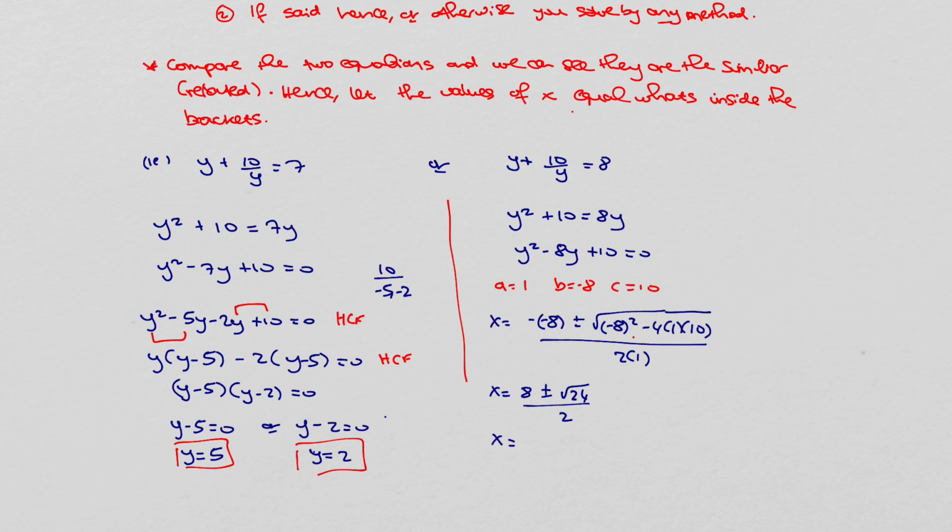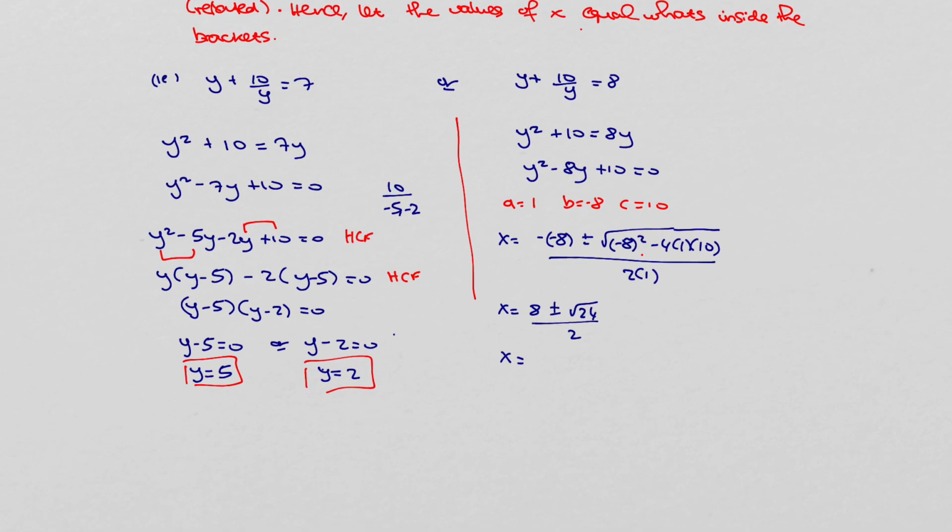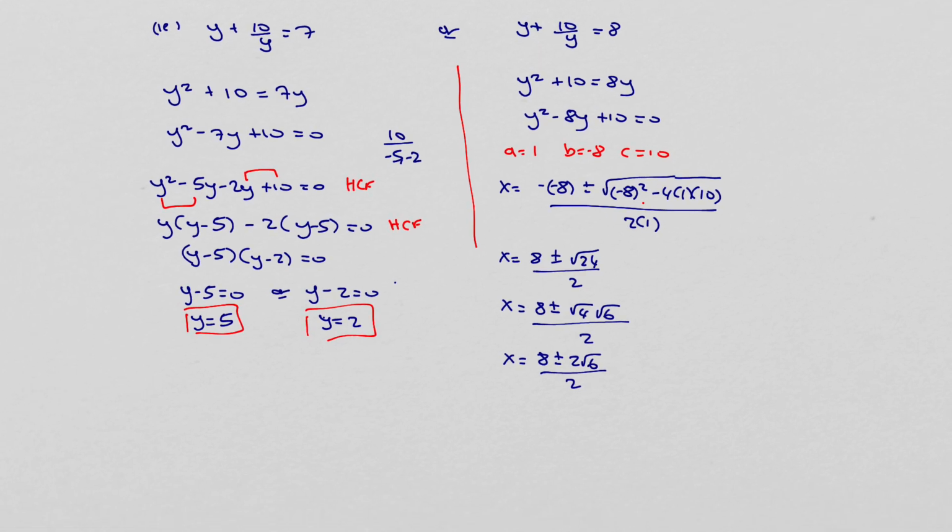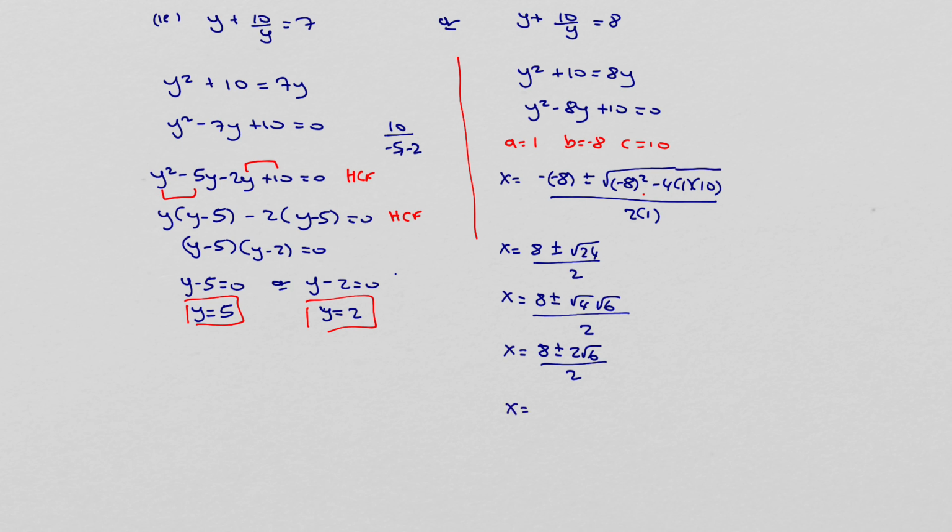And if I simplify root 24, well, the highest perfect square that divides into that is 4. So that would be root 4 by root 6 over 2. So in other words, we have 8 plus or minus 2 root 6, and 2 divides into 8 4 times, and 2 divides into 2 once.